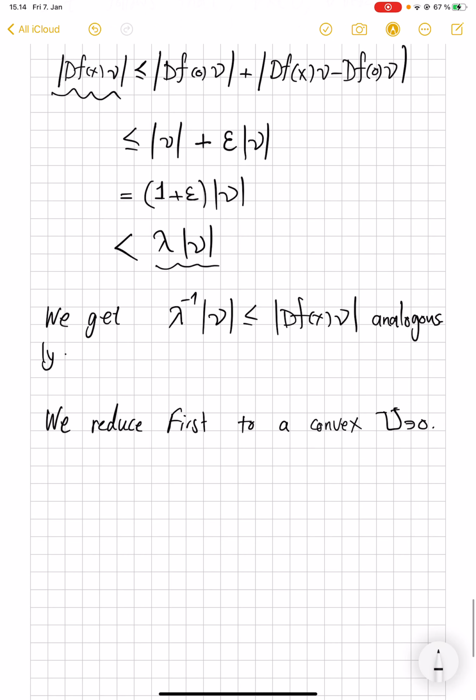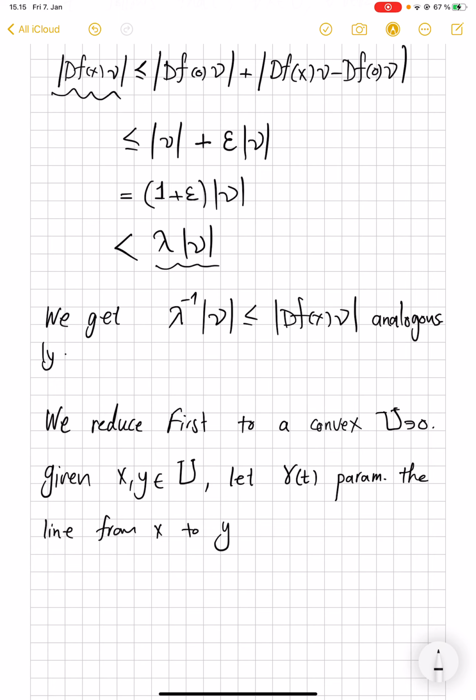What you get is then, given now x and y inside your U, let gamma of t parameterize the line segment in the obvious way.